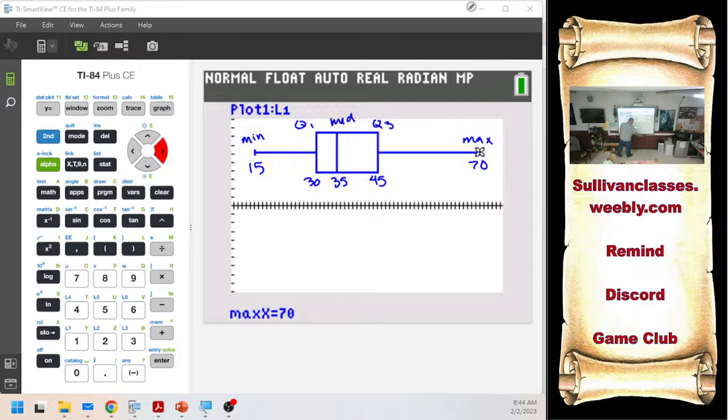Now, it's not just sketch and label this, it also says to describe your data as consistent or inconsistent using the standard deviation. I know that y'all don't have a ton of experience with that, but we talked about it. My standard deviation under normal data should be about 15% of the mean.